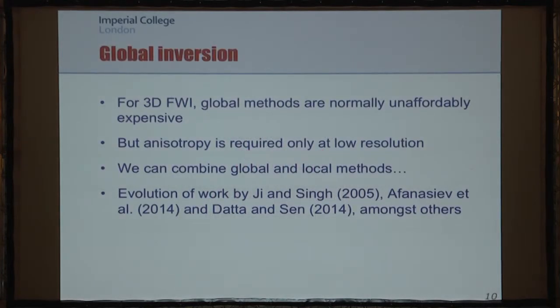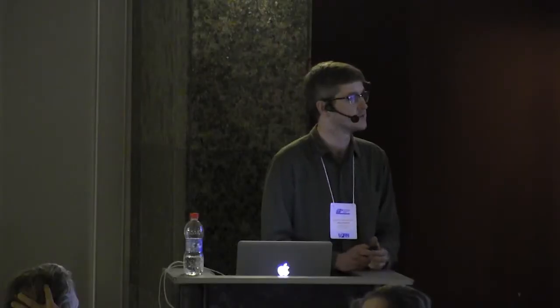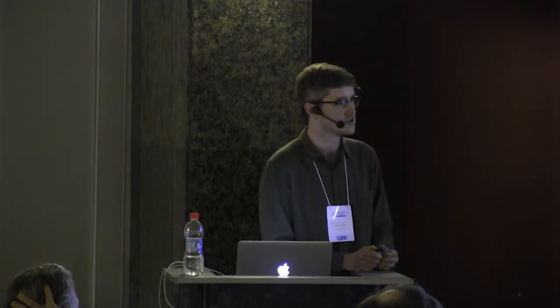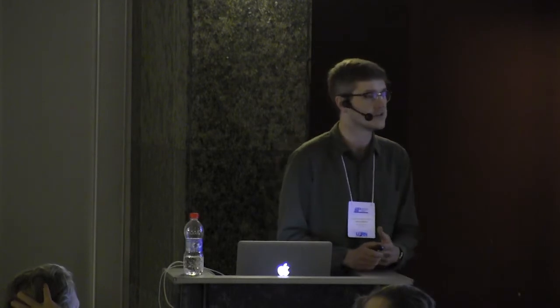In terms of 3D full waveform inversion, global optimization has in the past almost ubiquitously been considered too expensive. This is due to the huge number of candidate solutions that would need to be evaluated at each iteration over many, many iterations to get a model of sufficient resolution.